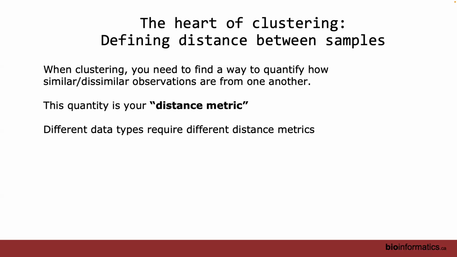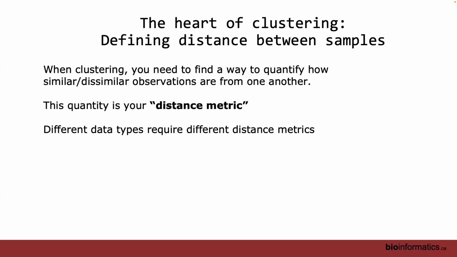It would be very different if you had clinical questionnaires with a score, everything from 0 to 5, and then you want to cluster people based on their responses. You have to pick a distance metric appropriate for that, which might not be the same as the distance metric you use for gene expression data. The point is just, you have to know what flavor of distance metric you have to use for your data.